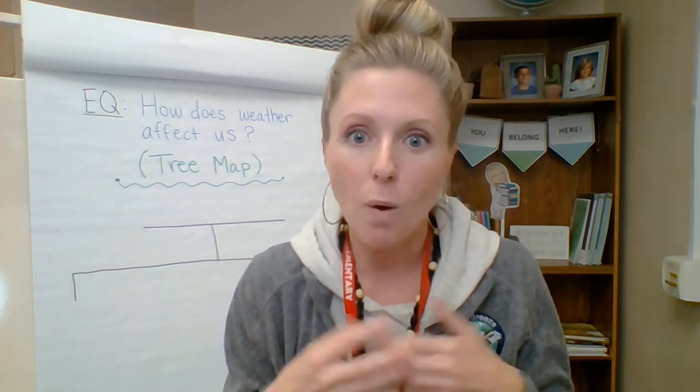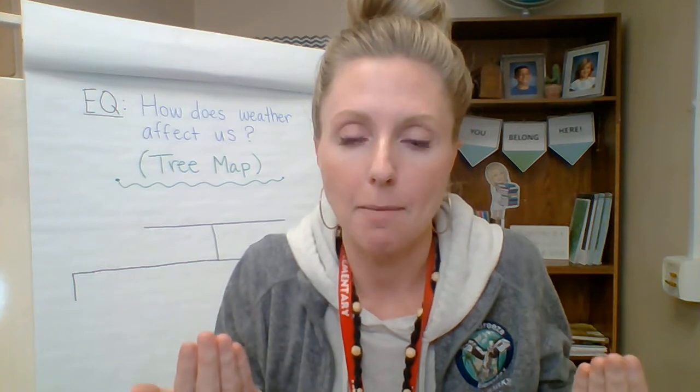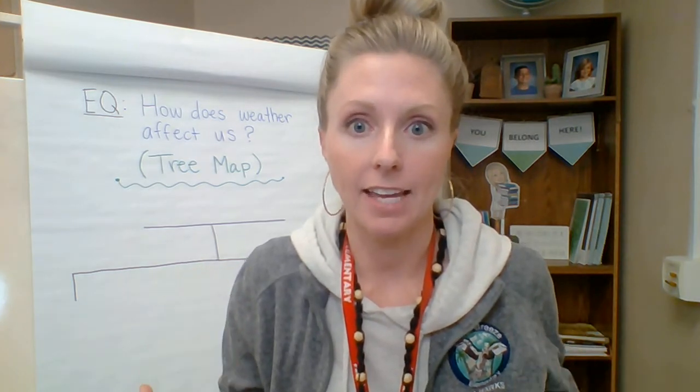So what in that section alone was a key detail that told you a little bit about thunderstorms? What was a key detail from it? The main thing that I took away from that is that a thunderstorm is heavy rain and it has thunder and lightning. That is what a thunderstorm is.